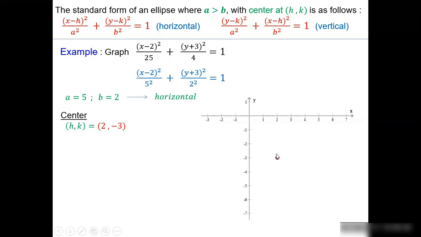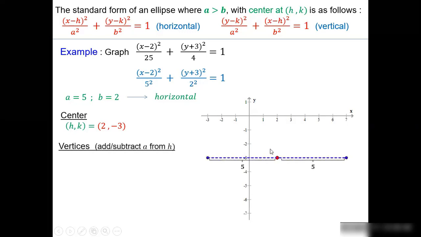So when we plot our center here at (2, -3), we now have to start moving away from the center, whatever the amounts for a and b tell us to move. So notice that now the x and y intercepts are not going to be at 5 and 2, respectively. In order to find the vertices, I have to move 5 units in the x direction away from the center.